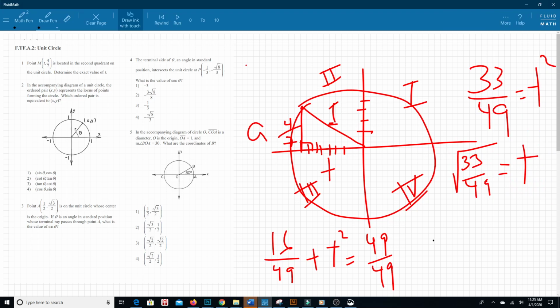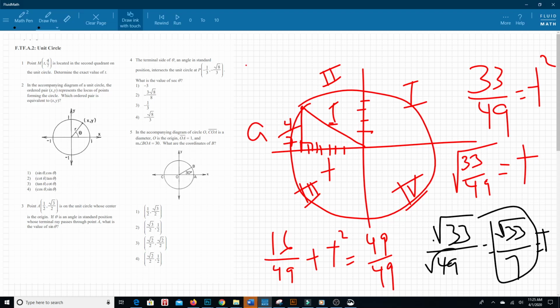Essentially it's going to be square root 33 over square root 49, which equals square root 33 over 7. That equals t. Everyone understand that?